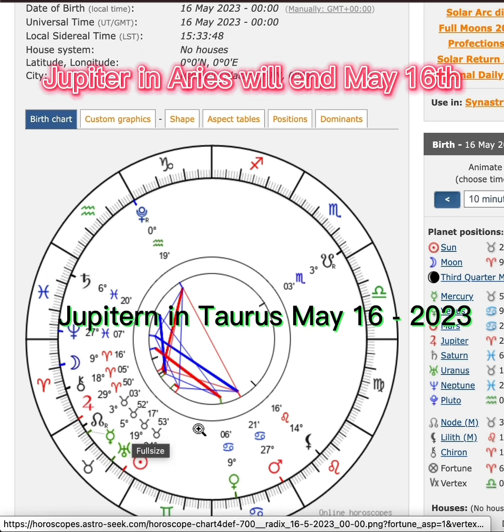Jupiter, the planet of joy, the belief system, the focus of the year really, after the sun. This is the goal or the abundance or the opportunity of the year will be entering Taurus May 16th, 2023. Around September 4th till the end of the year, Jupiter will go retrograde in Taurus.